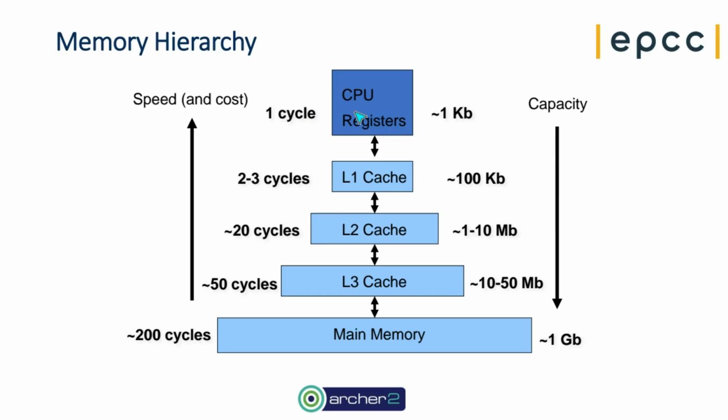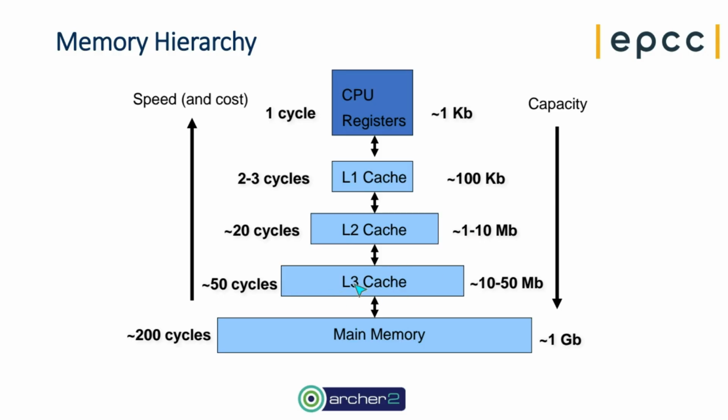Typically we have the CPU registers, which are accessible in a single clock cycle, but there's on the order of a kilobyte of storage in there. Then a level 1 cache, which is maybe 2 or 3 cycles to access, with on the order of 100 kilobytes of storage. A level 2 cache, which is maybe 20 cycles, on the order of a few megabytes.